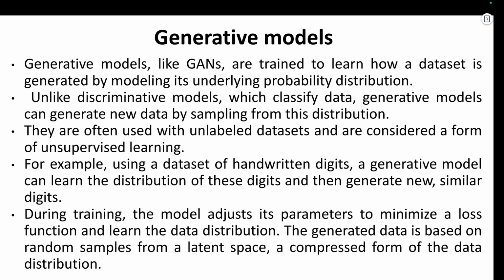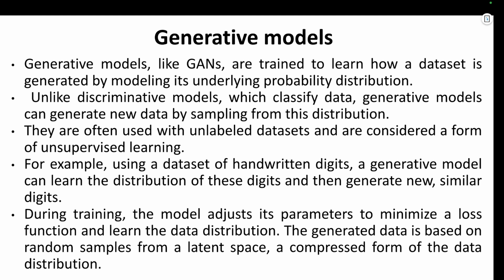Opposite to the discriminator, generative models like GAN are trained to learn how the data set is generated by modeling the underlying probability distribution. They are often used with unlabeled data sets, which is considered unsupervised learning. During training, the model adjusts the parameters, minimizes the loss function, and learns the data distribution. The generated data is based on a random sample from latent space.